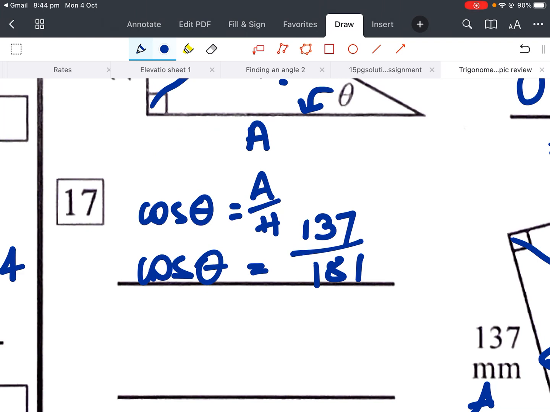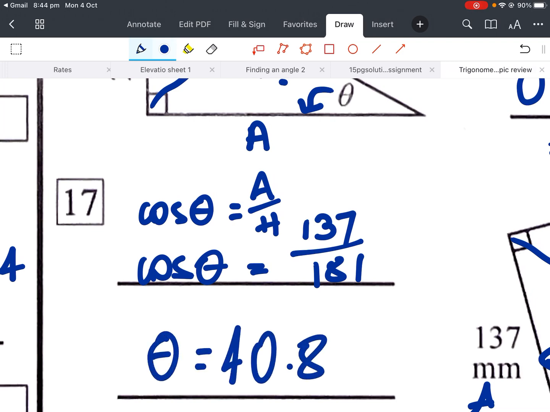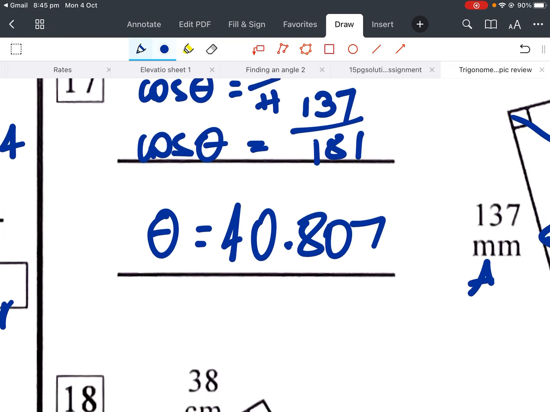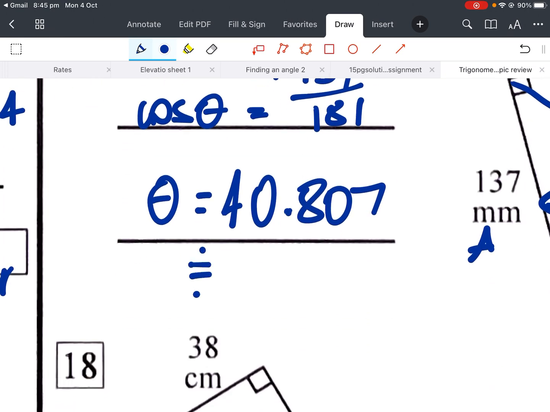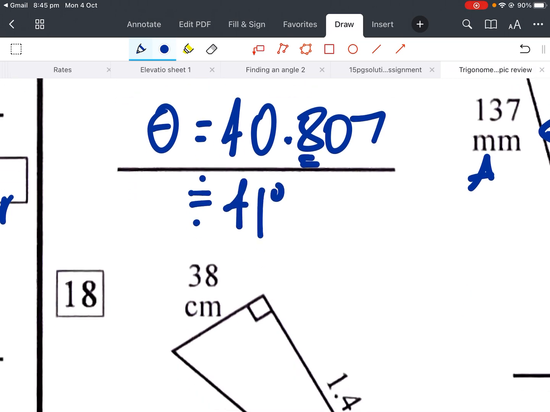Shift or second function cos, 137 divided by, or fraction key, 181, close your brackets, equals, I get 40.807. Now again, it's to one decimal place, so the 8 is telling me to round up to 41.